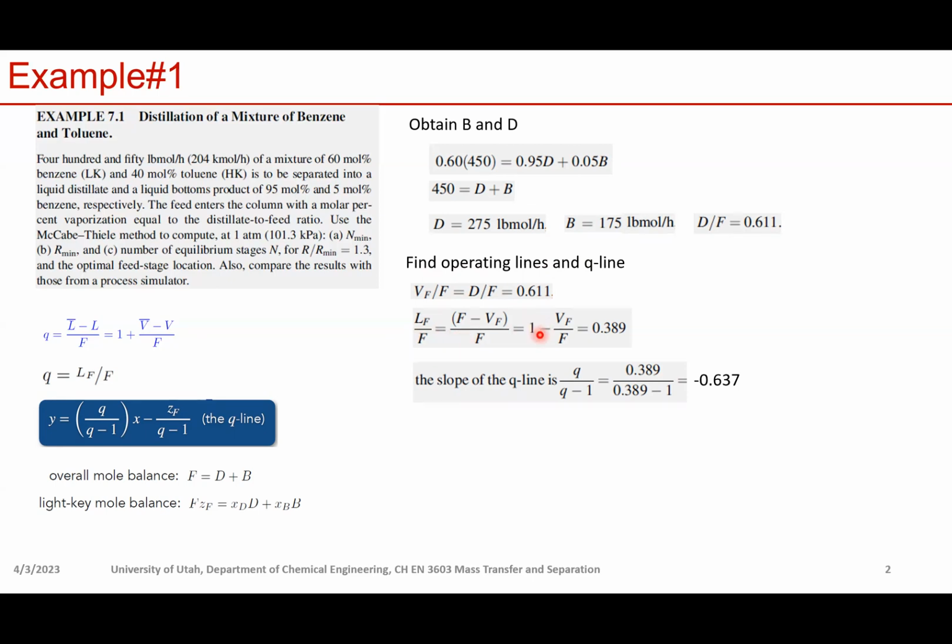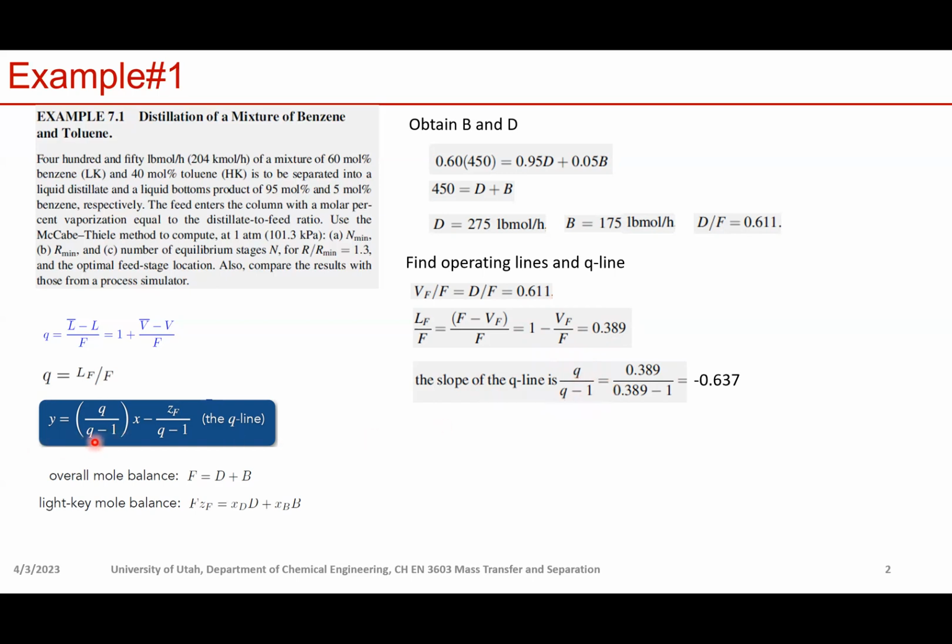That's basically 1 minus vapor in the feed over F. That gives us 1 minus this number, which gives us 0.389.